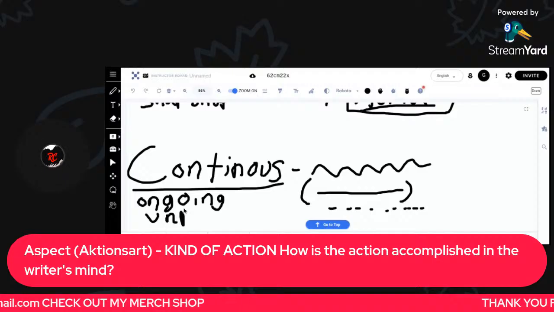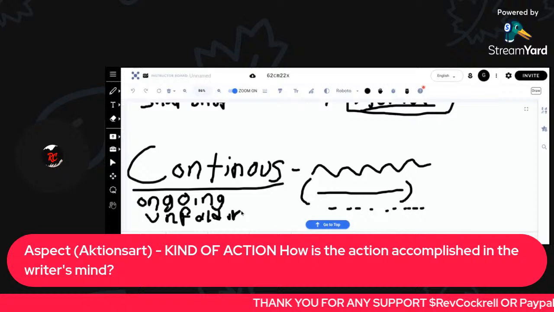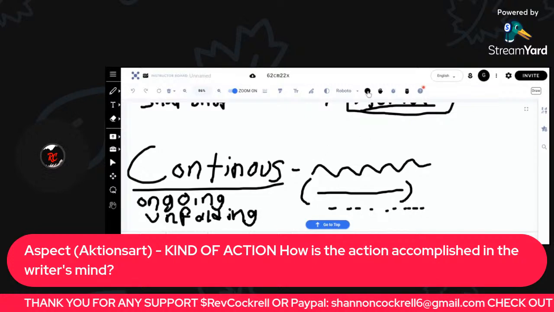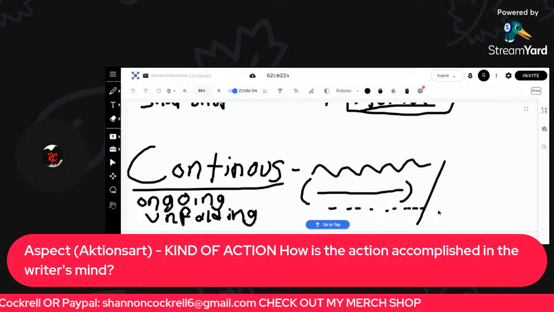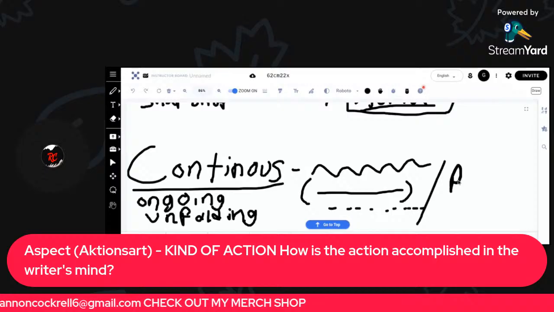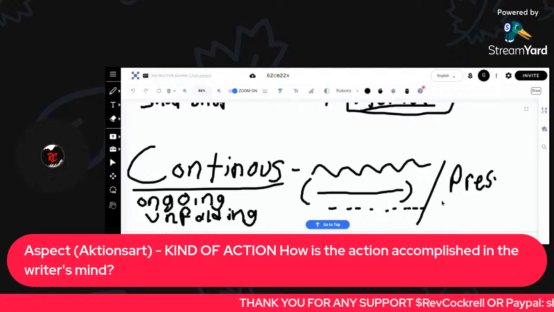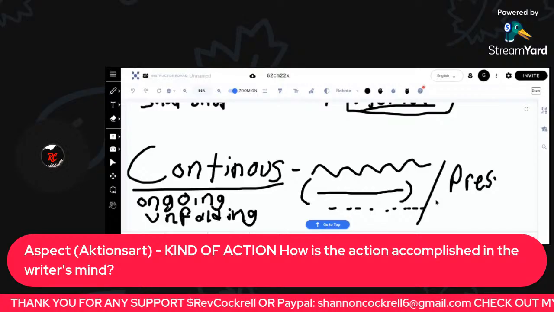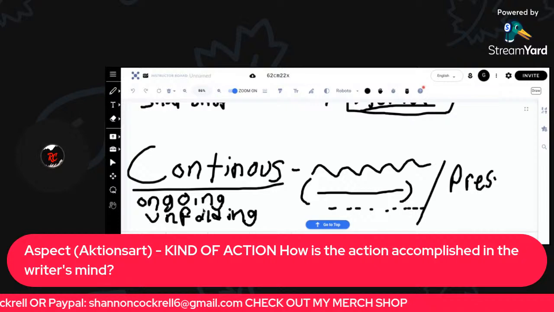The action is unfolding. Continuous action unfolding. And this is what we see in our present tense, the Greek present tense. And it can be the imperfect tense, but that's in the past. Ongoing action.